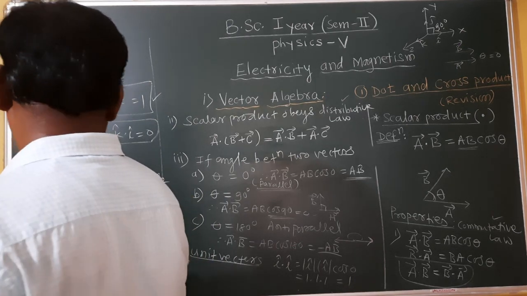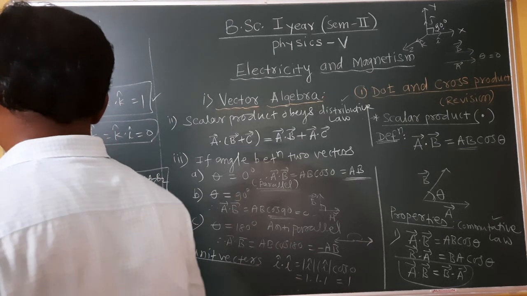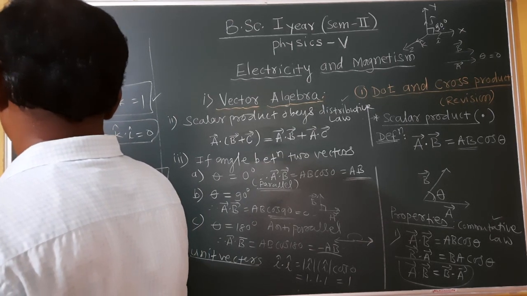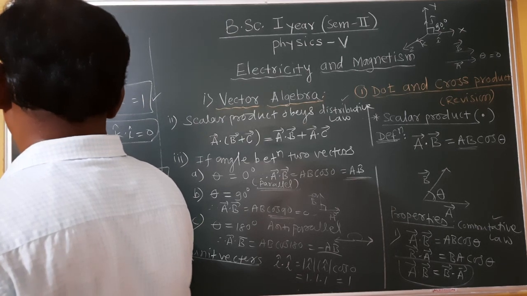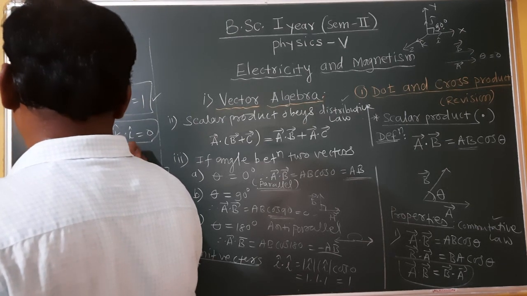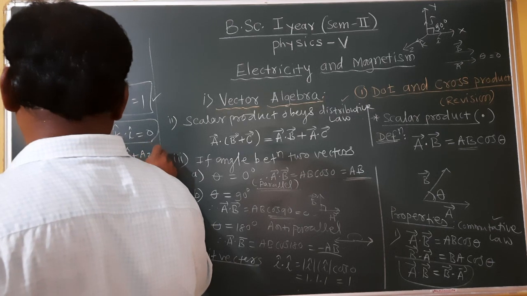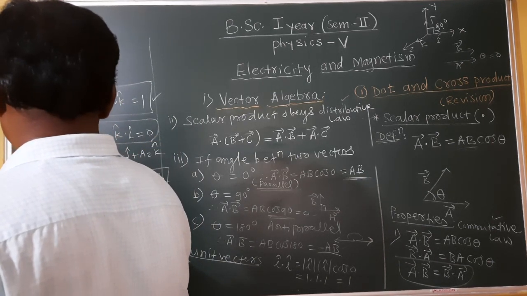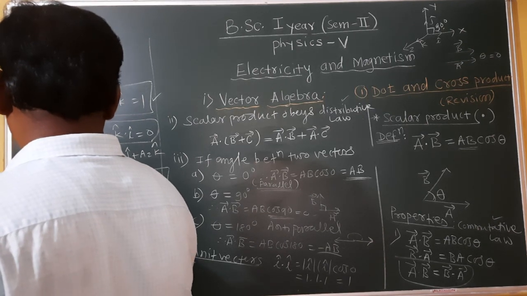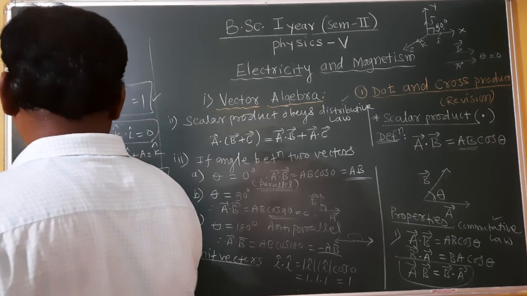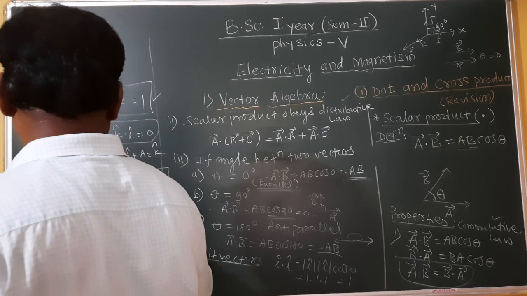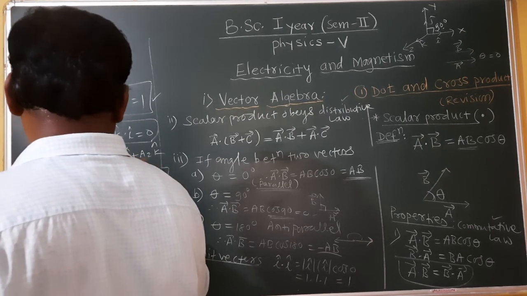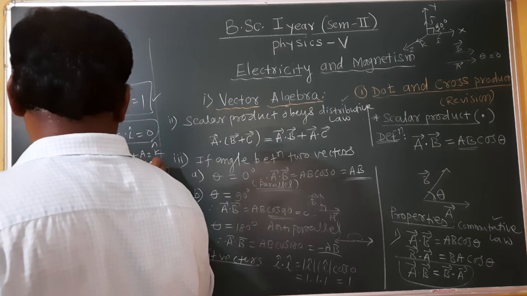The scalar product of two vectors can be expressed in terms of its Cartesian components, because A bar is equal to AX into I cap plus AY into J cap plus AZ into K cap, and B bar is equal to BX into I cap plus BY into J cap plus BZ into K cap.